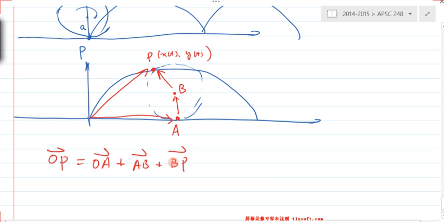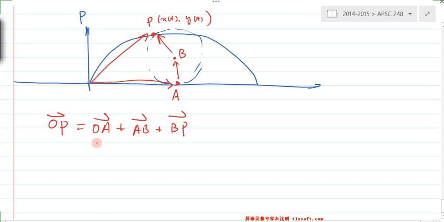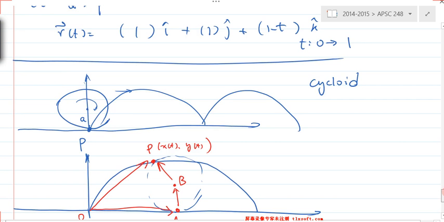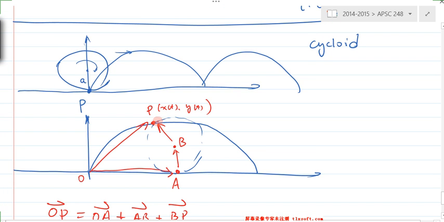If we can find each one of these vectors in terms of a common parameter t or theta, then we are done with this parametric equation. I'll give you one hint here. What's OA? OA represents the distance from O. When the circle moves, your point P originally is here and moves over here.